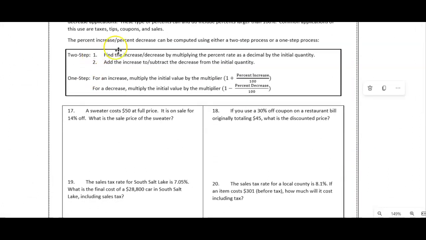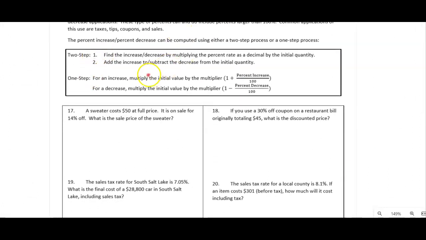The two-step process is the most common, but it's not necessarily the most efficient. First, you find the increase or decrease by multiplying the percent rate as a decimal by the initial quantity, as we did in our previous number 15 and 16 problems. And then add or subtract that from or to the initial quantity.